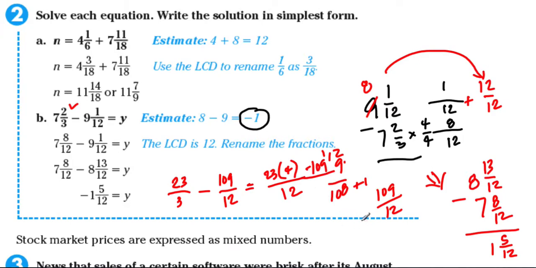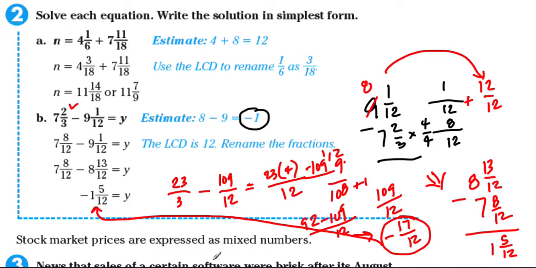Okay, because 23 times 4 would give you 92, minus 109 over 12, and that will give you negative 17 over 12, and negative 17 over 12 is actually that thing right there.